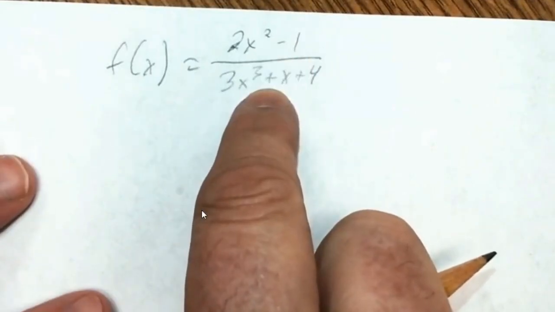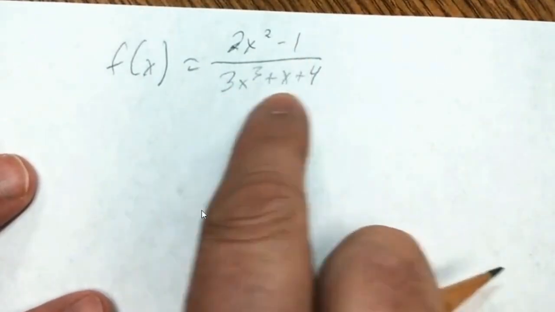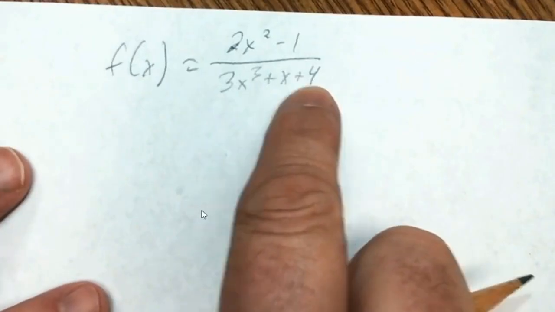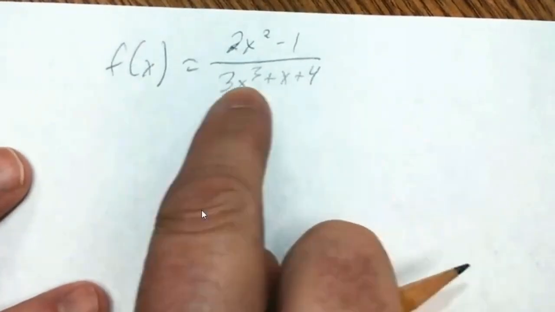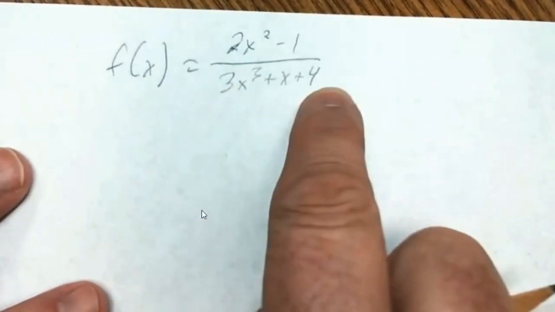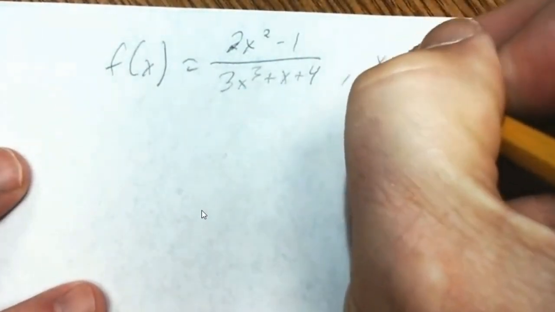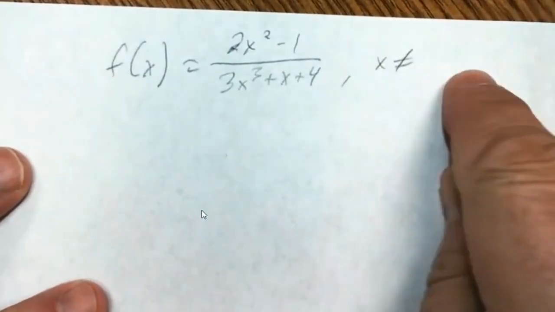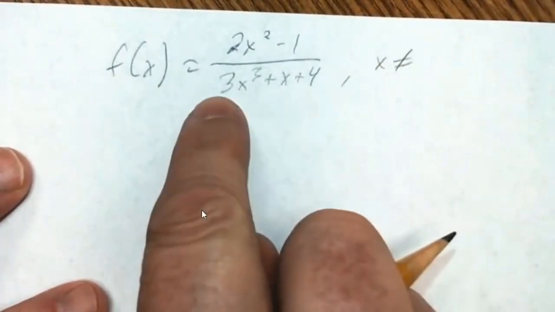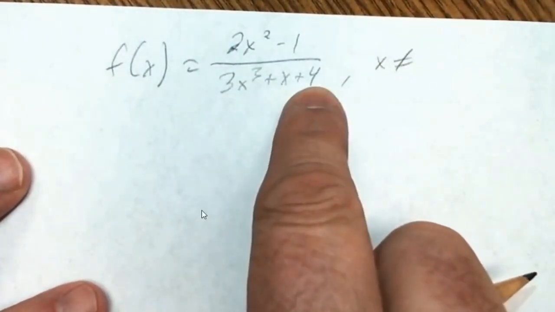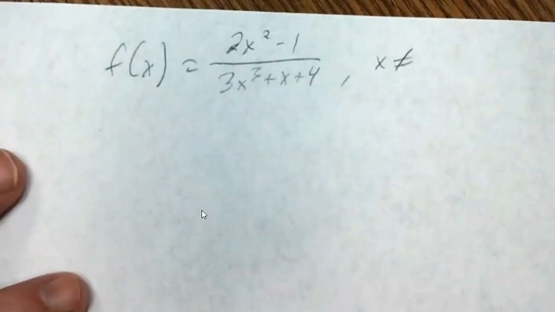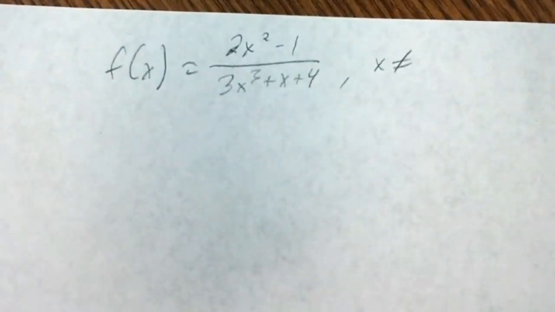We cannot divide by 0. So whatever x would make this equal to 0 would not be allowed. We would say x cannot be whatever that number is. We'd have to solve 3x to the third plus x plus 4 equals 0. And x would not be allowed to be that because it wouldn't exist.